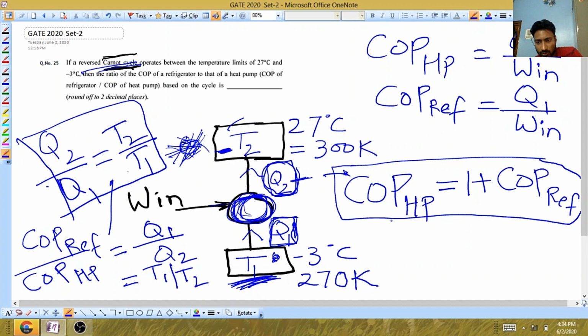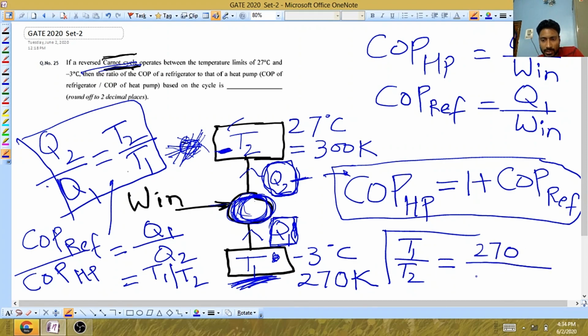Now let us see what T1 by T2 will be. We have the value of T1 as 270. Remember, you need to put all these temperatures in the absolute system, because the relation they have derived is for the absolute scale.